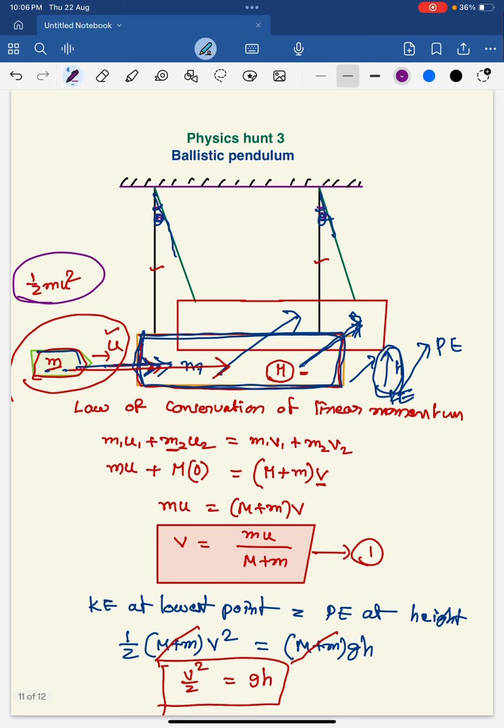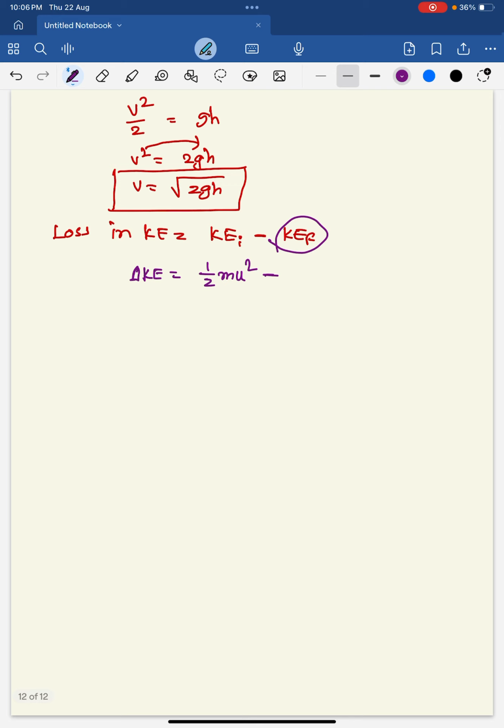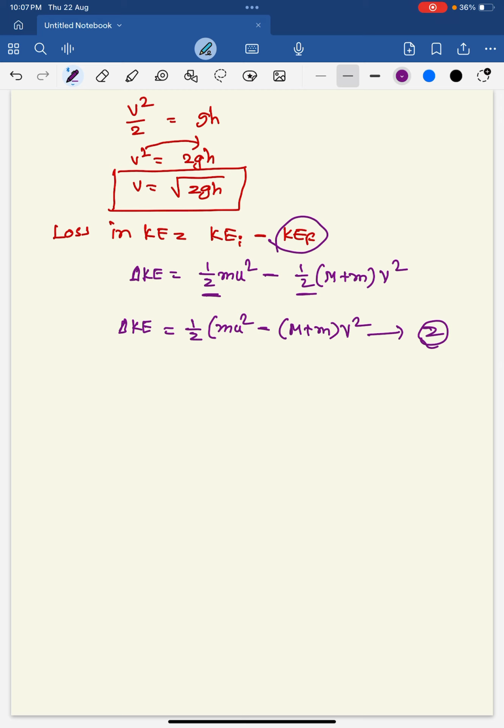When a bullet enters into the block, the total mass becomes capital M plus small m, so we can write half into capital M plus small m into v square. Here half is present, here also half is present. Take the common term outside. Therefore, half into mu square minus capital M plus small m into v square. This is the change in kinetic energy or loss in kinetic energy. Let us assume this is equation number 2.